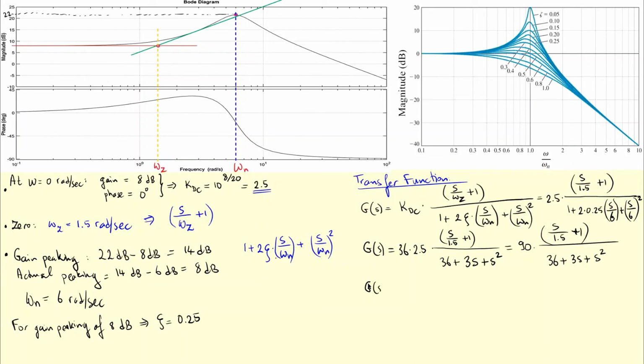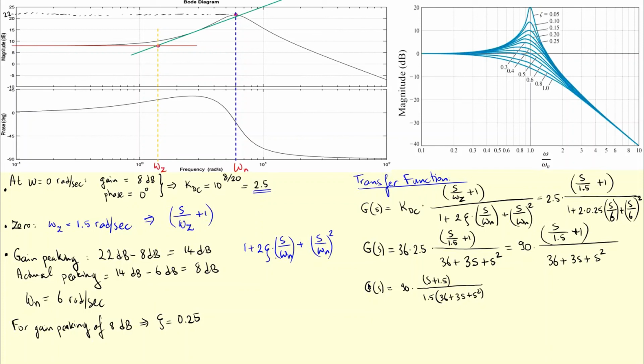What we have is then G(s) is equal to 90 times s plus 1.5, because I have now multiplied by 1.5. That's for the numerator. And I do now 1.5 times, in parentheses, that term, which is 36 plus 3s plus s squared.